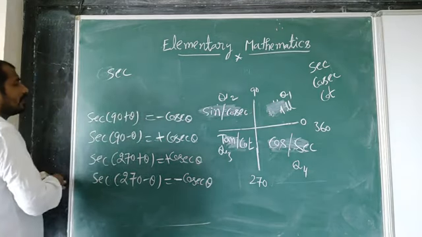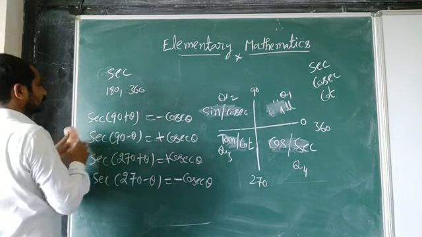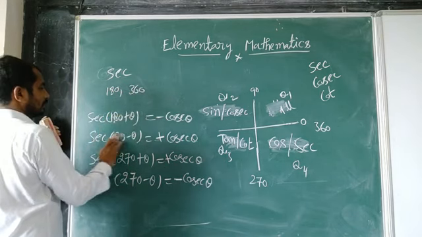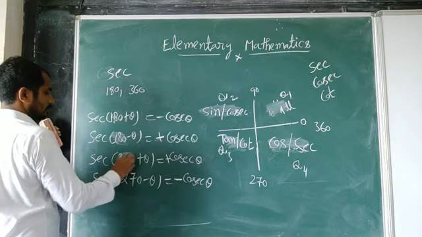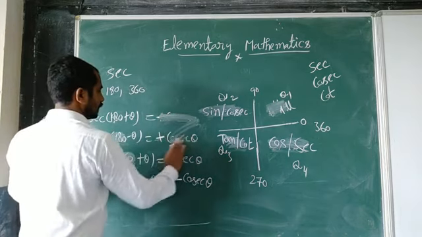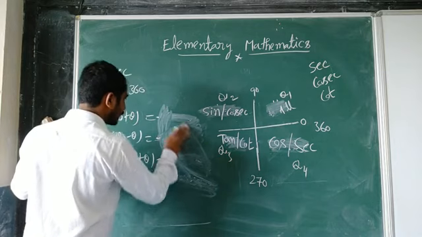Next, 180 and 360. What are the given angles? 180 and 360 angles are given.